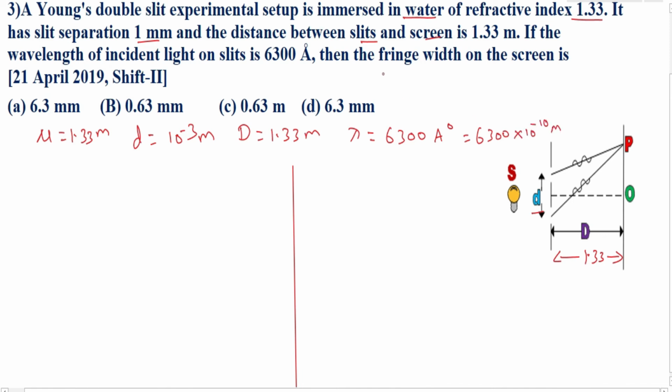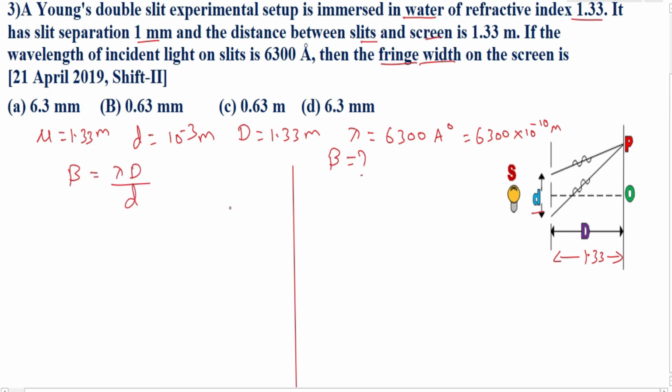Now what is he asking us to calculate? He is asking us to calculate the value of fringe width when we immerse this in water. Now we know the formula for fringe width as beta is equal to lambda capital D by small d.